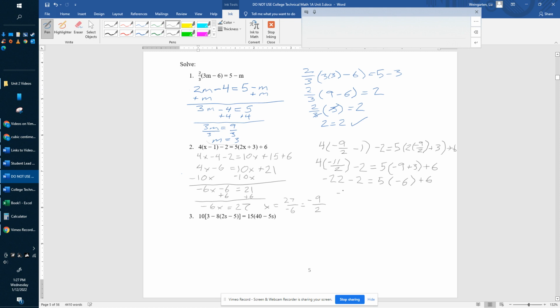Negative 22 minus 2 is negative 24. 5 times negative 6 is negative 30, plus 6. Negative 24 equals negative 24. So perfect. It worked out.